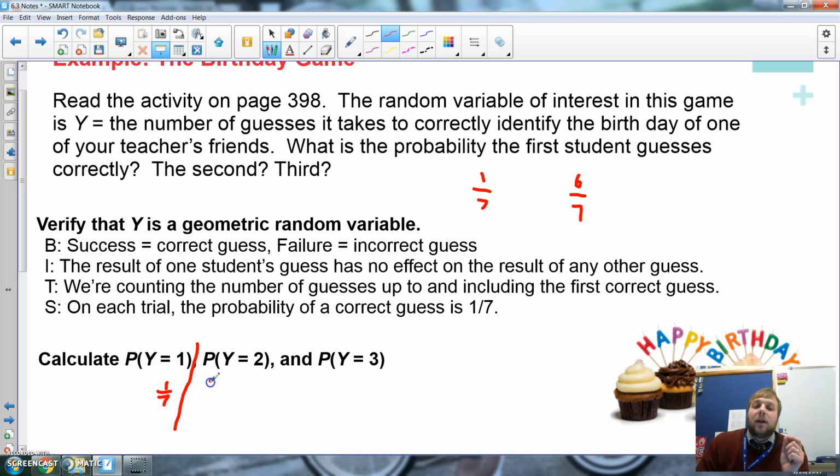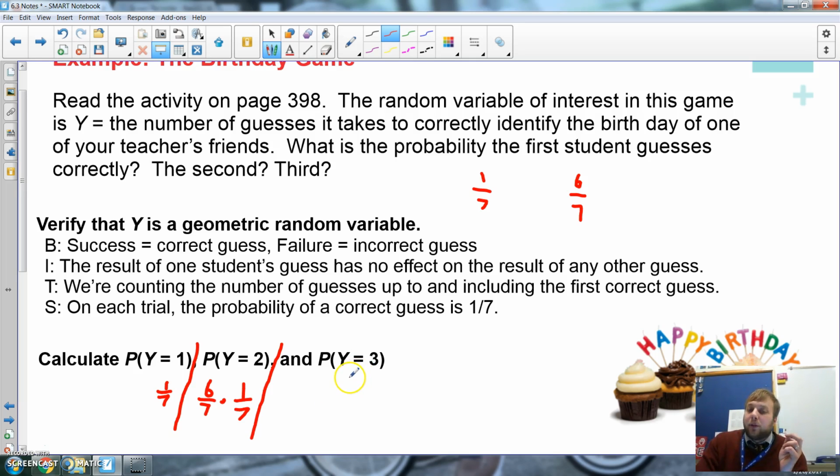That means we have to fail once, so 6 out of 7, times, that's 1 failure, and then succeed. That makes sense? So 1 failure, and then I would succeed. That's going to be the probability. Is that making sense?